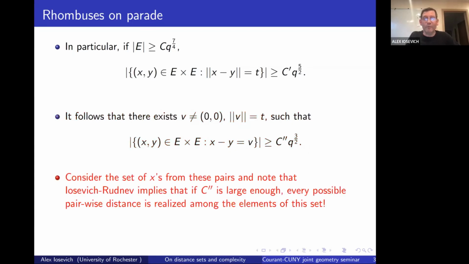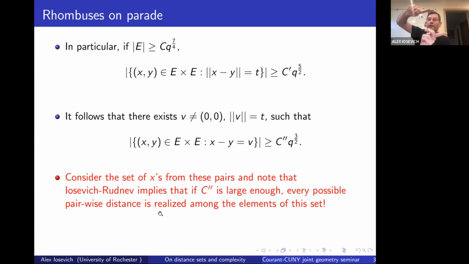Why am I telling you this? Sorry, I forgot to draw the picture. You should visualize a bunch of pairs separated by distance t, all parallel to one another. Then you use the following silly trick. Consider the set of x's from these pairs. My result with Rudnev implies that if this constant is large enough, then every possible pairwise distance is realized among the elements of this set.